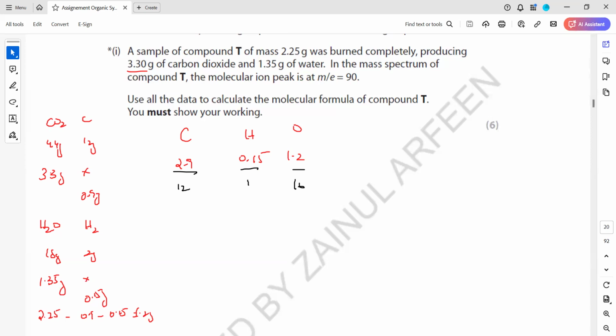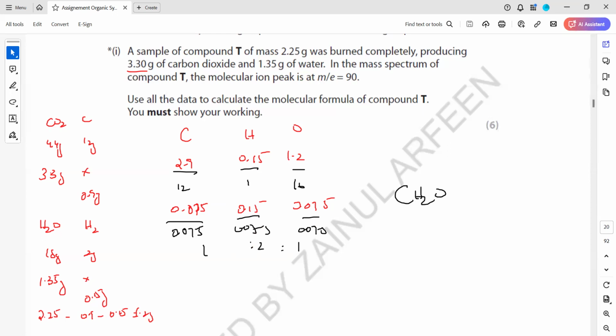This will give us the moles: for carbon 0.075, for hydrogen 0.15, and for oxygen 0.075. Then we divide by the smallest value, 0.075. So 1, 2, and 1. So the empirical formula is CH2O.